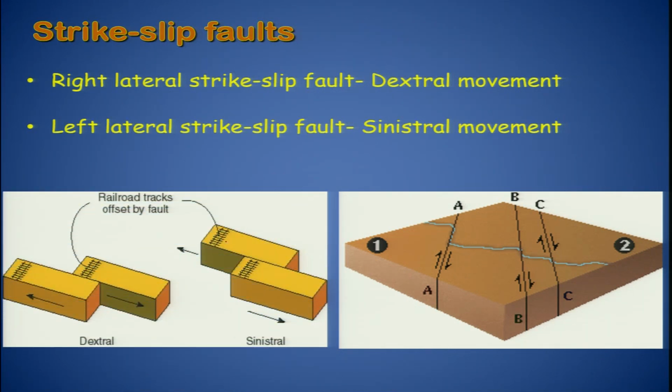So we have the sinistral one, the left lateral, so the left block is moving towards you. If you are standing here and trying to view this, then this is left lateral and this is moving away, whereas this is right lateral, dextral, which is moving towards your side. So the right block is moving towards your side.